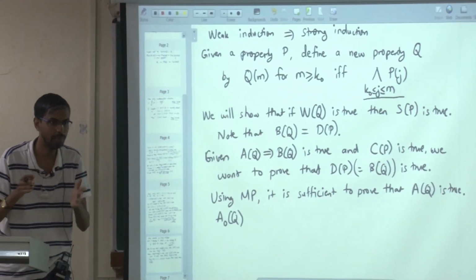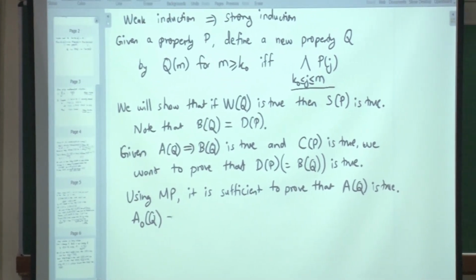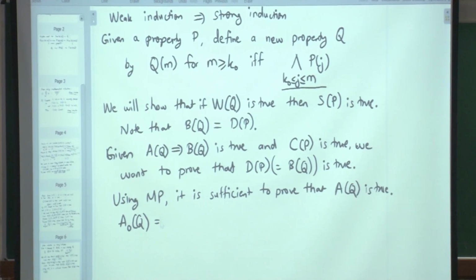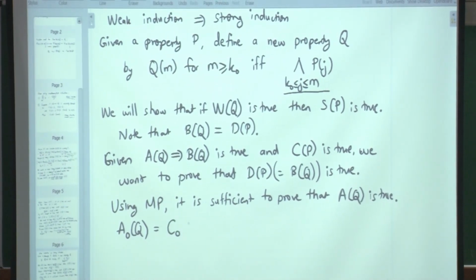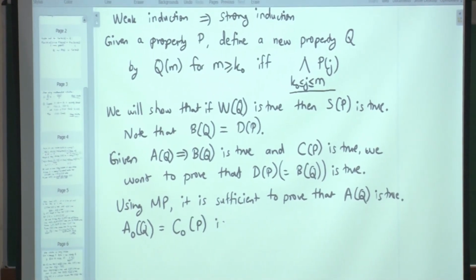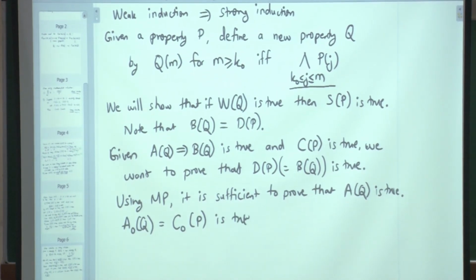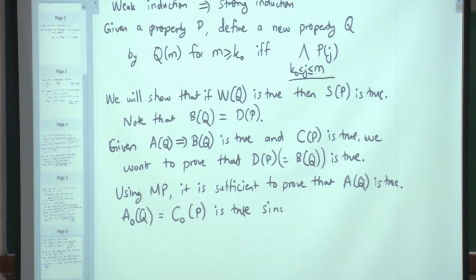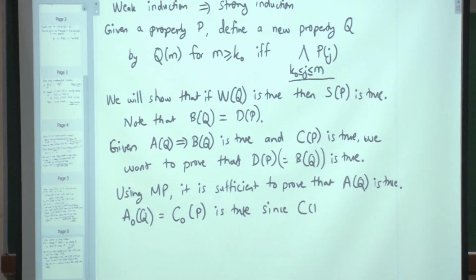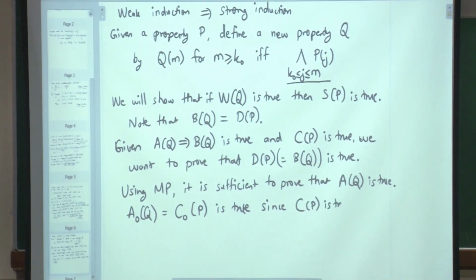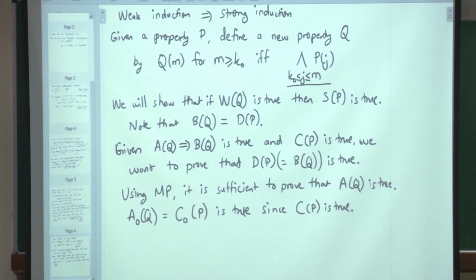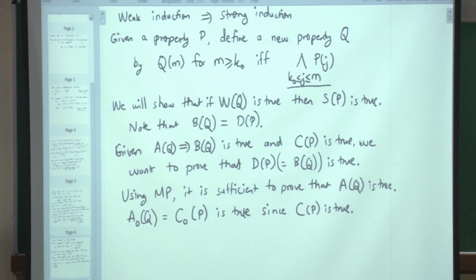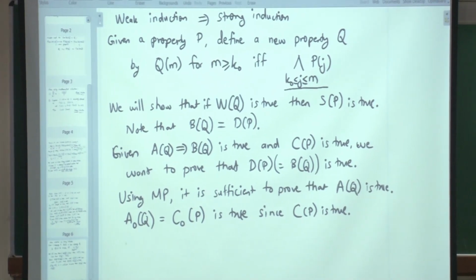It's just PK0. So A0 of Q is equal to C0 of P, which is true, since CP is true. So again the problem is only in the part A bar.